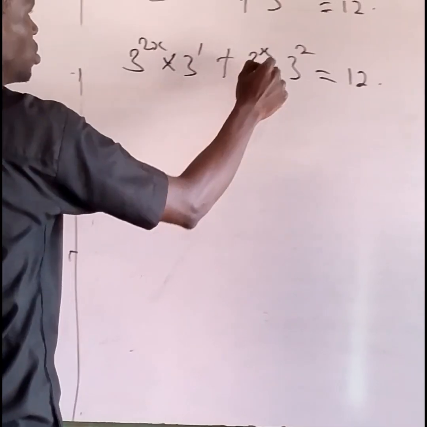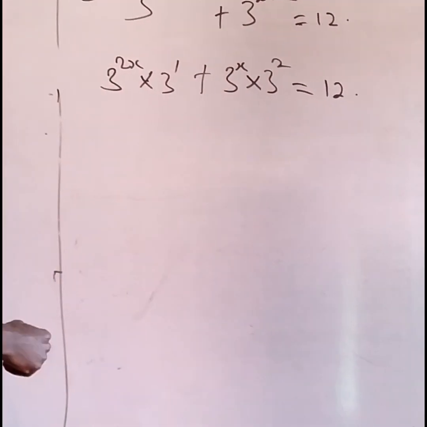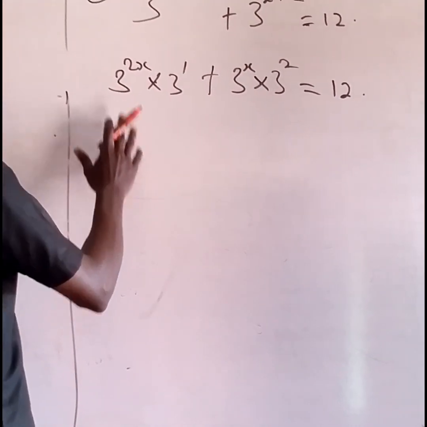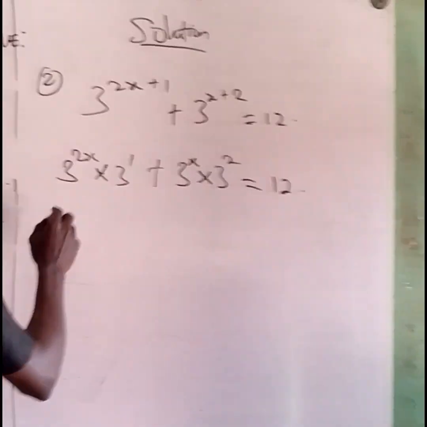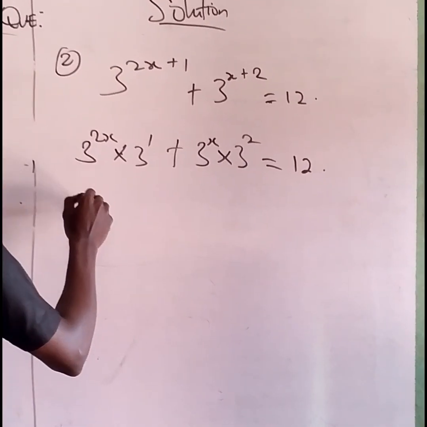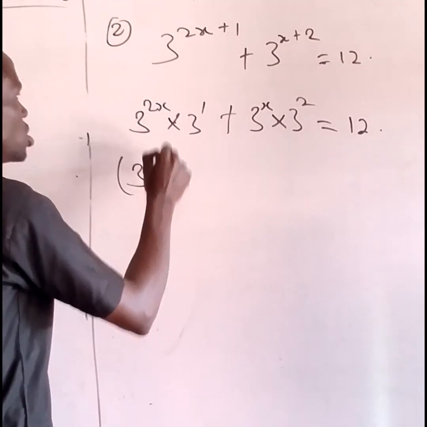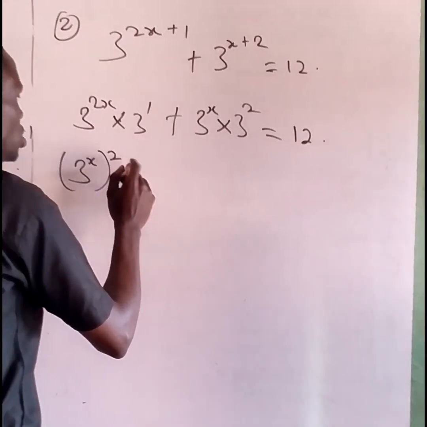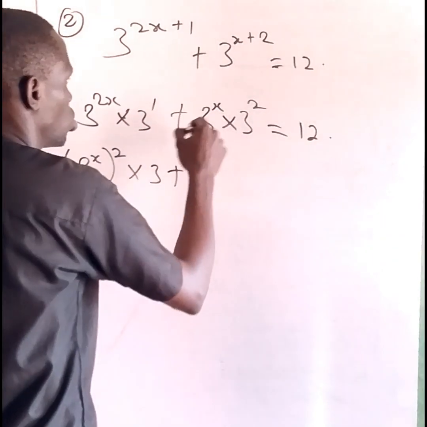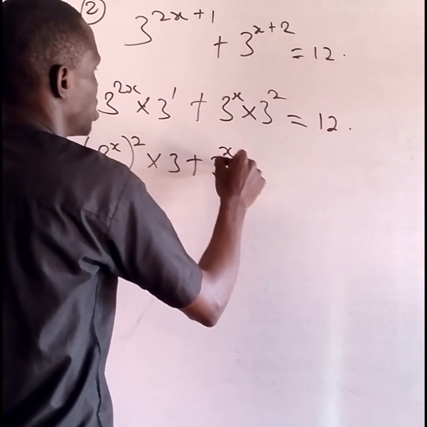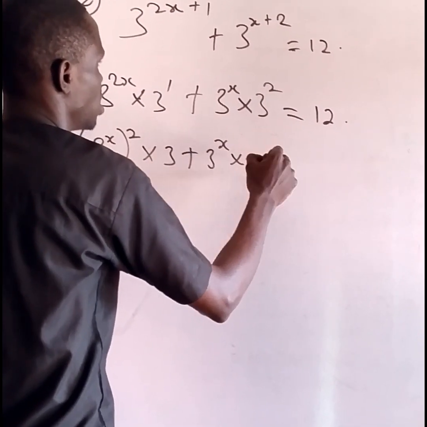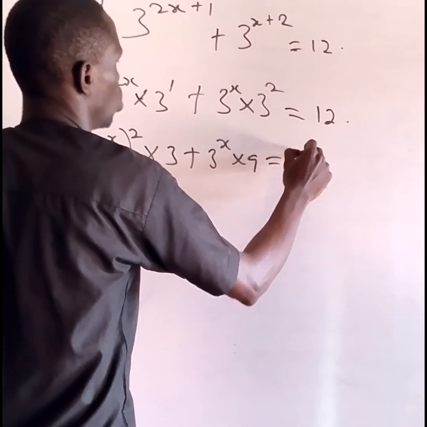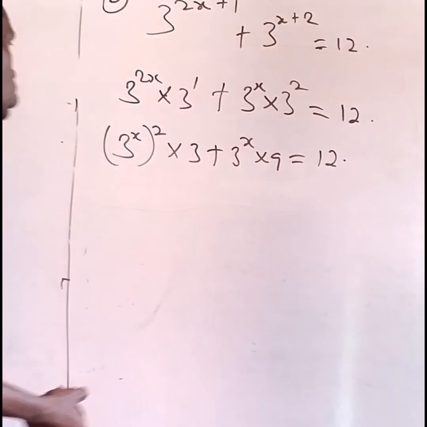So this now becomes (3 raised to power x) squared times 3, plus 3 raised to power x times 9, equal to 12.